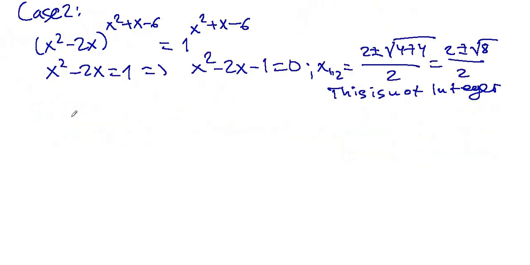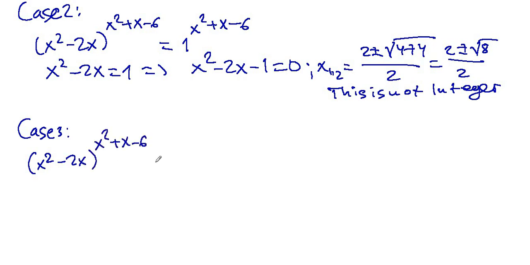So now let's consider the last case, case number 3. Let me rewrite the left hand side as it is, (x squared minus 2x) to the power of (x squared plus x minus 6) is equal to, now let's suppose that x squared plus x minus 6 is an even number. Therefore I can express the right hand side as (minus 1) to the power of (x squared plus x minus 6).